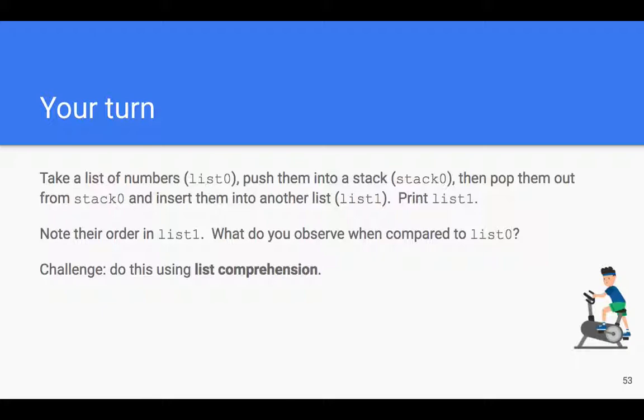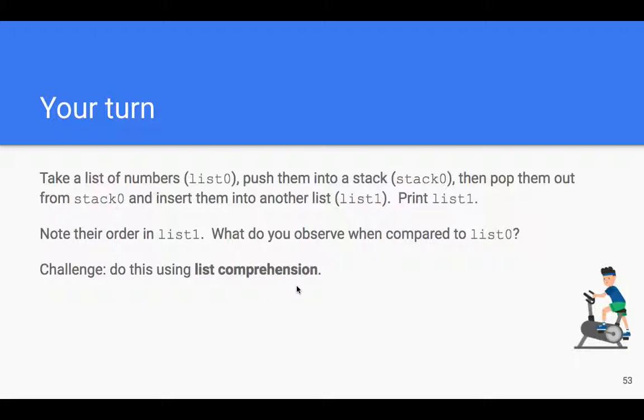You can do this with a loop or maybe 2 loops. As a bonus, try to do this with list comprehension. That would be fun. Instead of using loops, try list comprehension. But if you can't get there in one try, do it in a loop first, and then try the list comprehension way. So pause the video, give this a try.